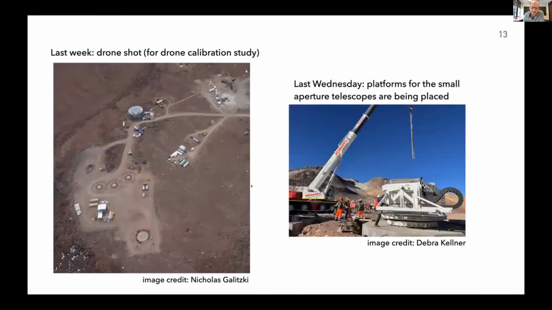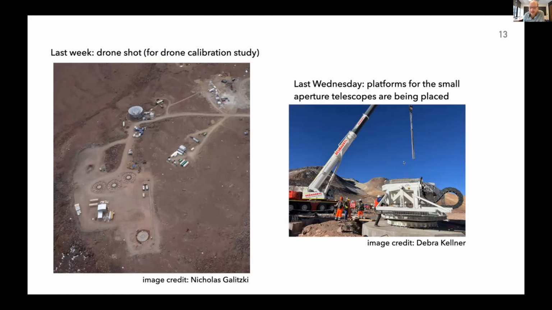Okay, so what I was going to say is that this week we got some exciting news. Here on the left, you see a picture taken from a drone that we plan to use for calibration. On this picture, you can see ACT here, and you can see the bases for the 3 small aperture telescopes and the base for the large aperture telescope.